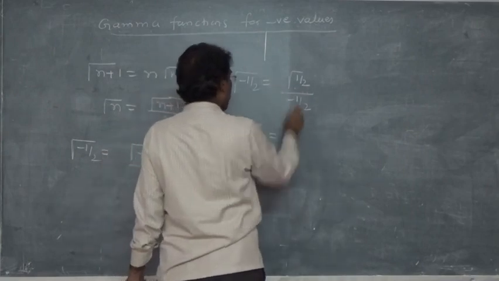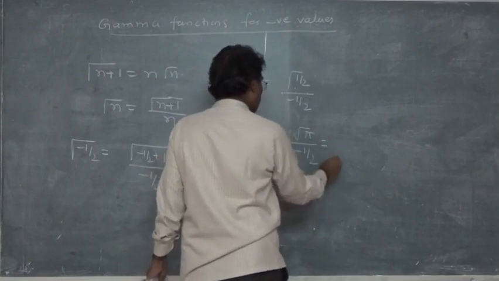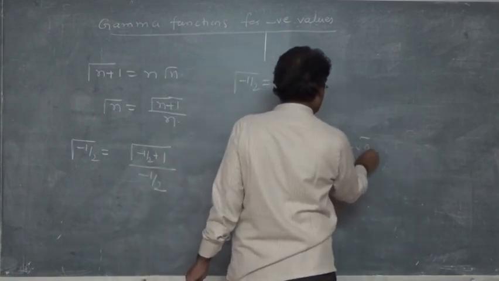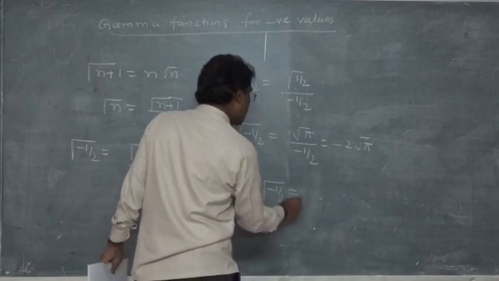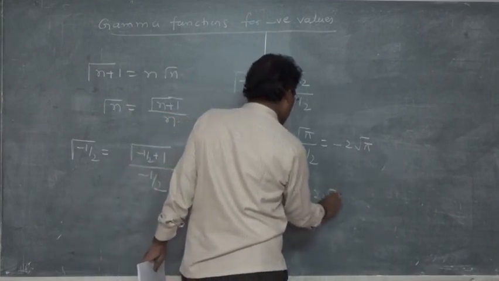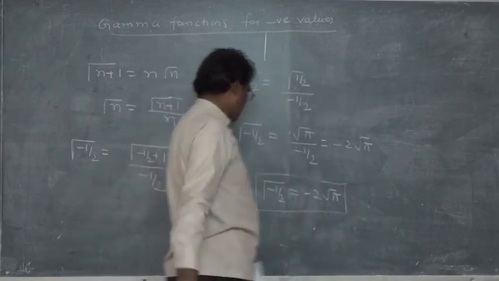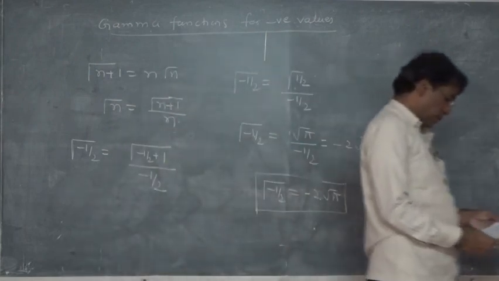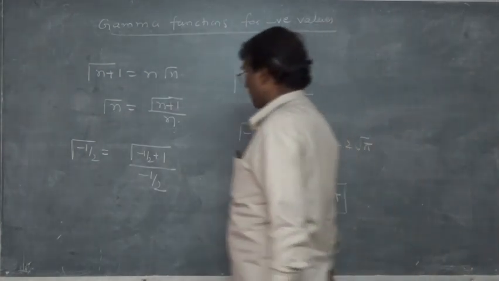Gamma half is root pi, so this is root pi by minus 1 by 2. This is minus 2 root pi, so gamma minus 1 by 2 is equal to minus 2 root pi.